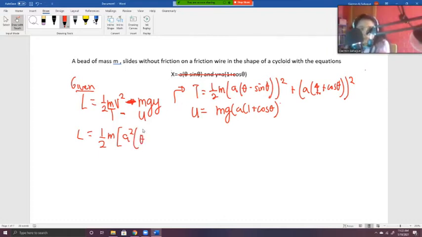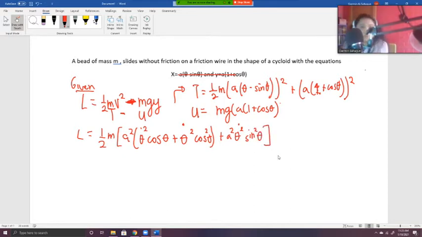That squared cosine here plus that squared cosine here, plus a squared that squared sine squared theta.